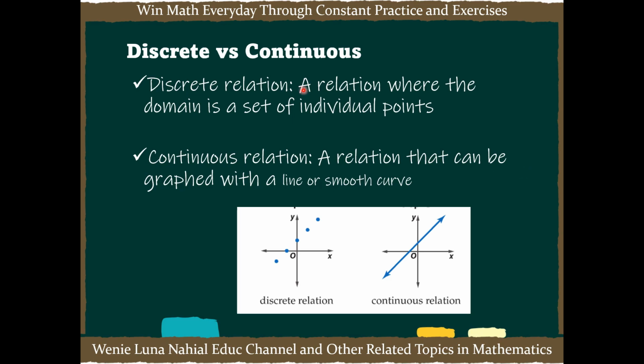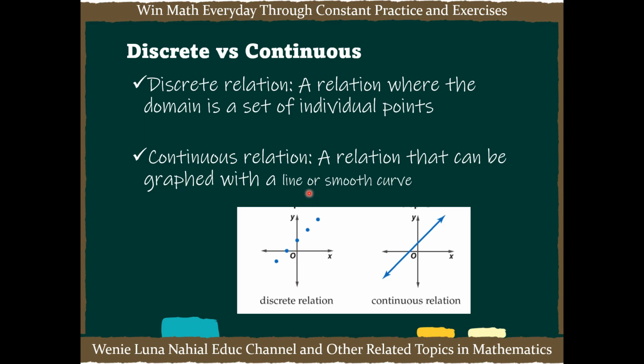Now, let us also discuss what we mean by discrete and continuous relation. Discrete relation, it is a relation where the domain is a set of individual points. Continuous relation, a relation that can be graphed with a line or smooth curve.